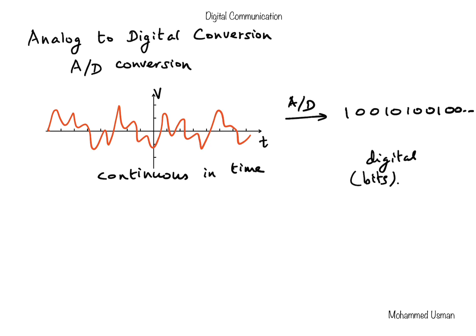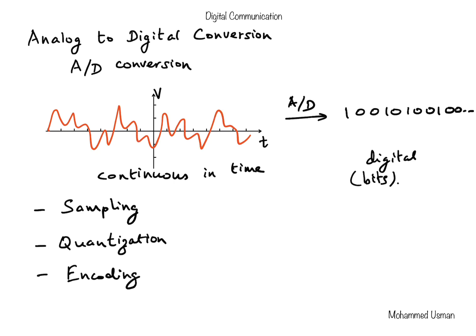The steps involved in converting an analog signal to a digital signal are as follows. The first step is called sampling. The second step is called quantization. And the third step is called encoding.